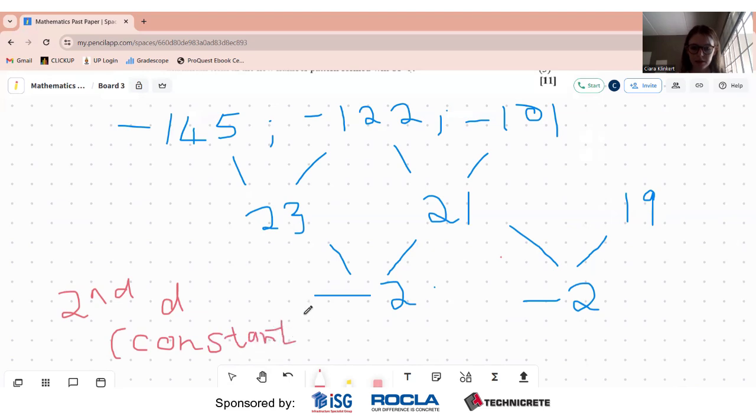And then here is our first difference. And this is actually an arithmetic sequence, so I'm just going to call it an A sequence, seq. And then this one at the top is our quadratic sequence.